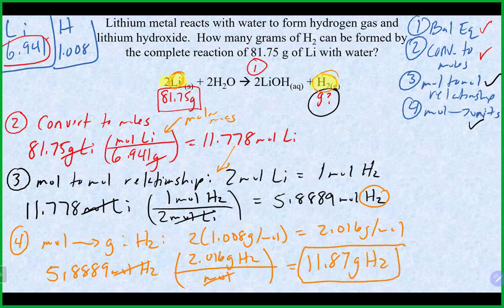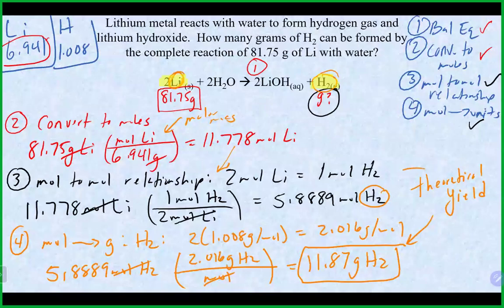This number that we get here is what is sometimes referred to as the theoretical yield. And that would be the theoretical yield in grams. By the way, that would be the theoretical yield in moles. A yield is a product. So what the theoretical yield is, and we'll talk more about it later on in this chapter, is like your maximum amount of product that you should make based on how much you start with.